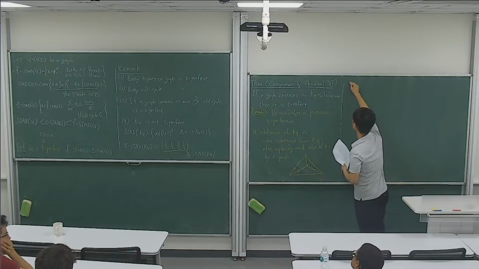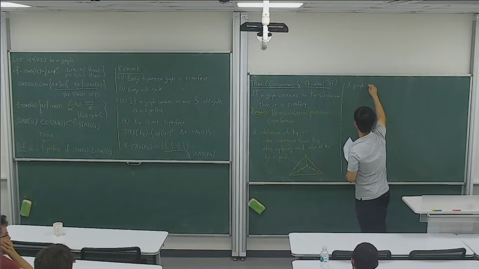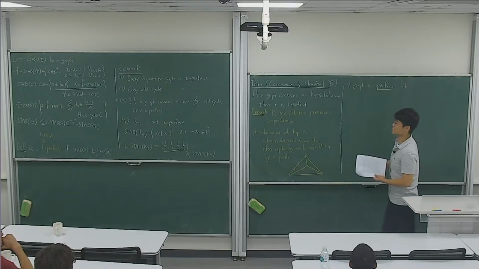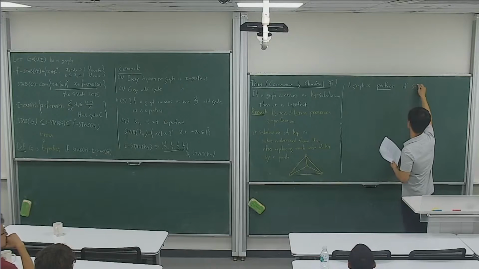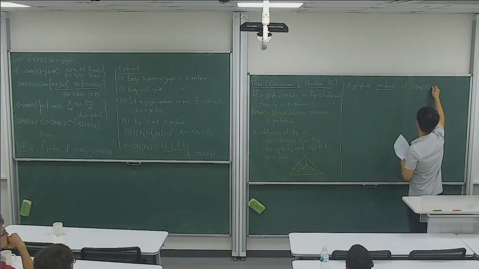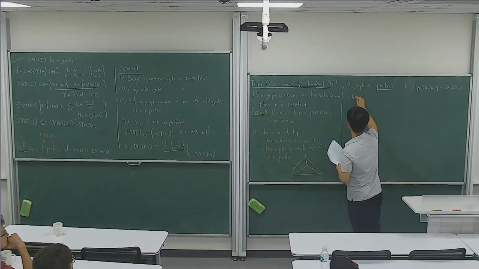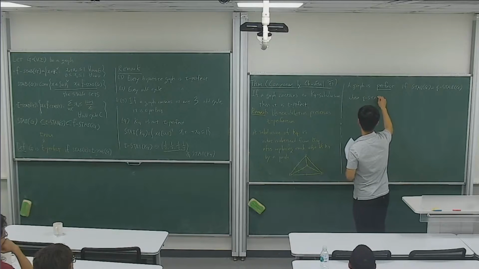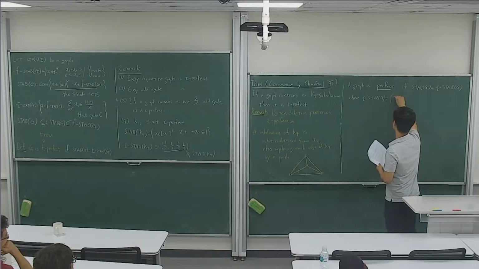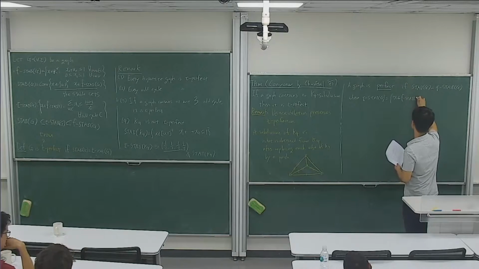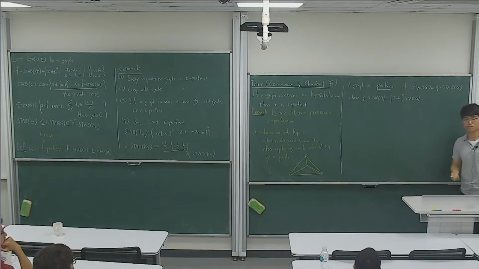A graph is perfect if, let me define Q-stab, if stab of G equals Q-stab of G. So Q-stab of G is: for each maximal clique, you know that there's at most one vertex contained in a stable set.